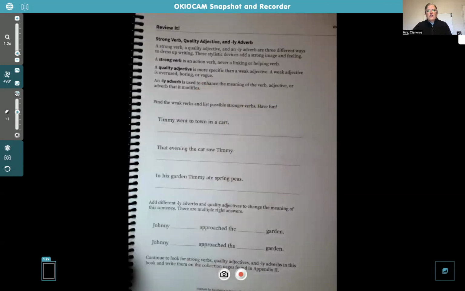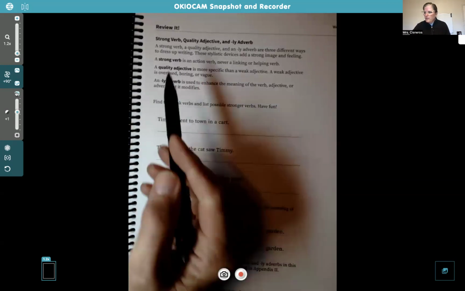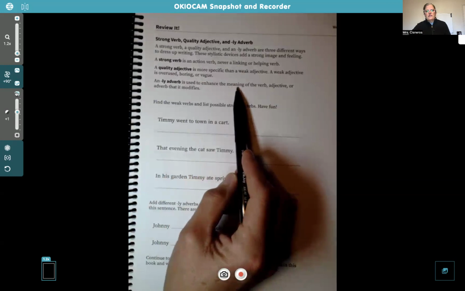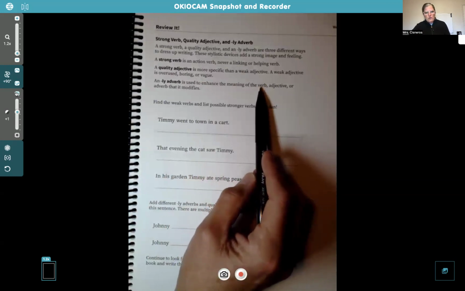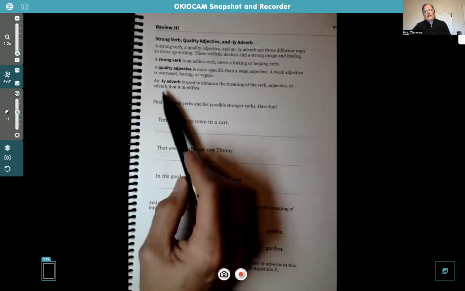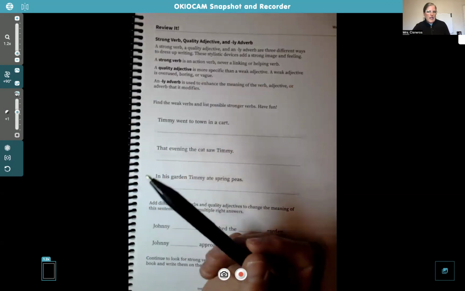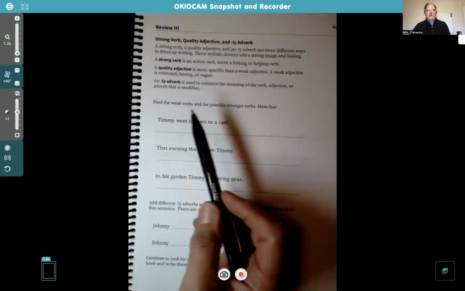So it's basically also giving more of an image to the noun that it's describing. And then the other one is the ly adverb. We know those end in ly, and it says it's used to enhance the meaning of a verb, an adjective or adverb that it modifies. So basically giving like how something is done.